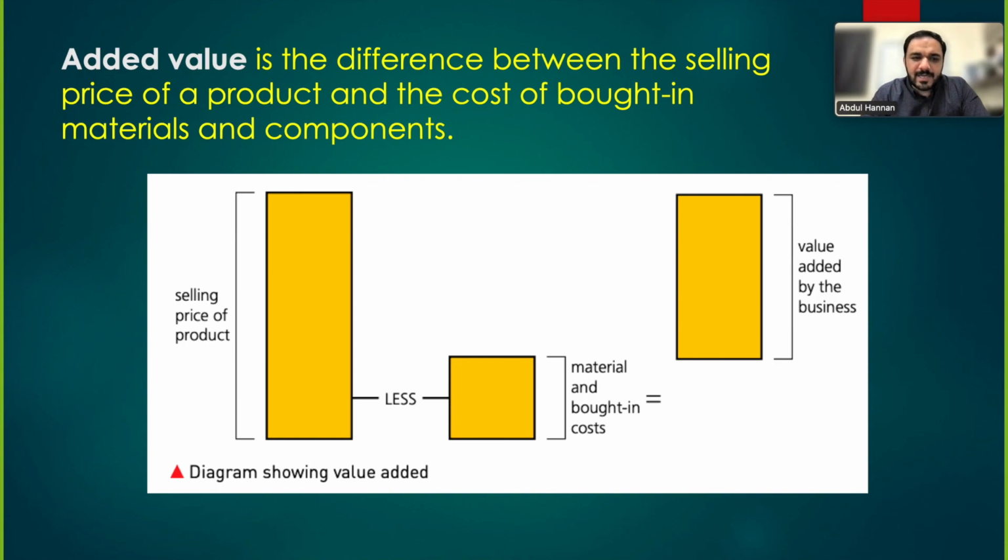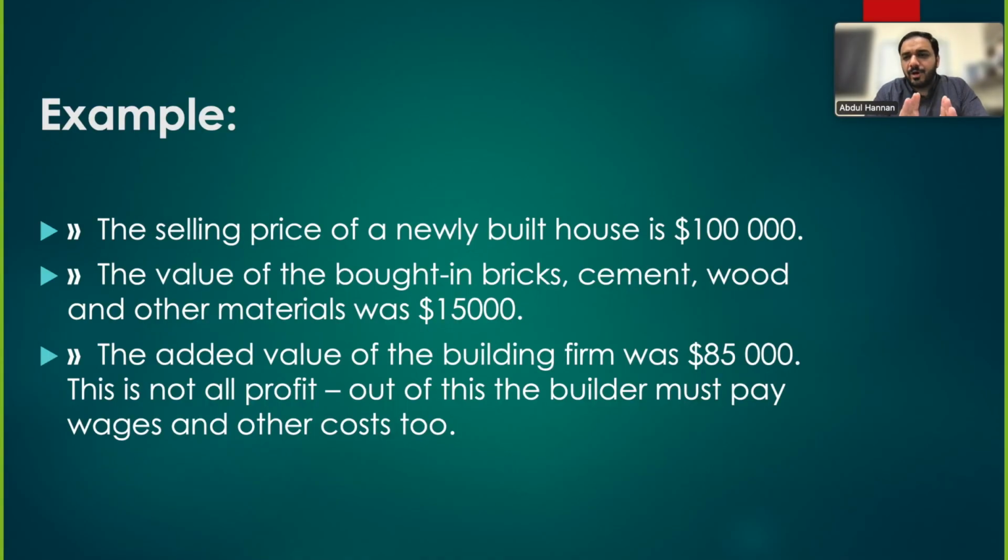Here we can see in this diagram, the selling price of the product is given in the first bar, less material and bought in cost. Whatever material you bought, you will minus that. The rest is value added by the business. Now, an example of added value: the selling price of a newly built house is $100,000.